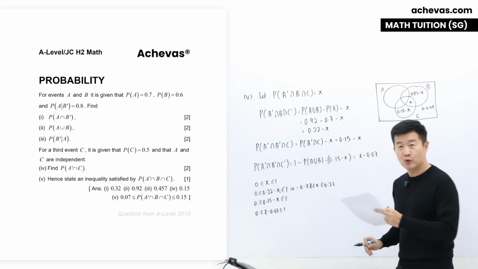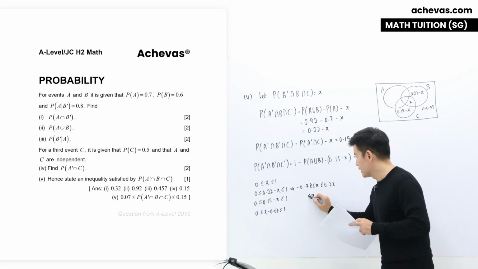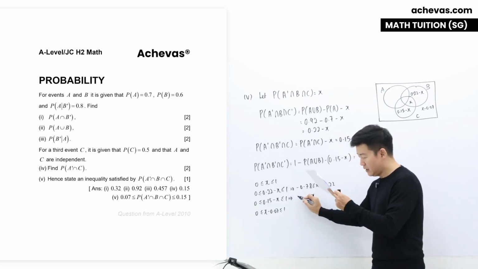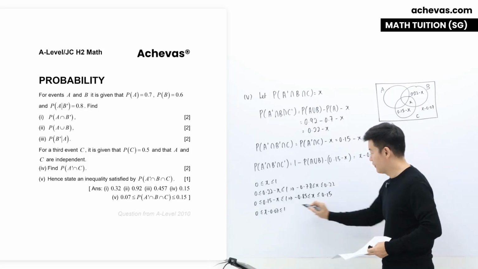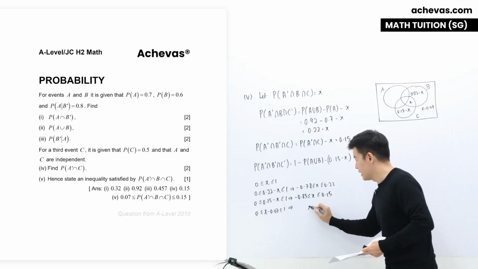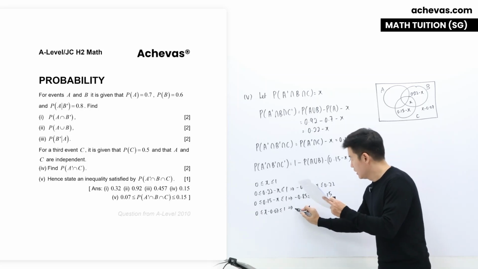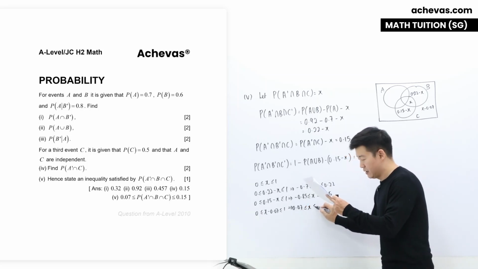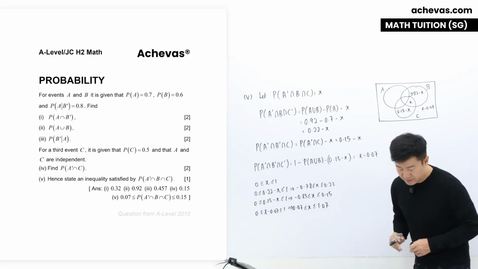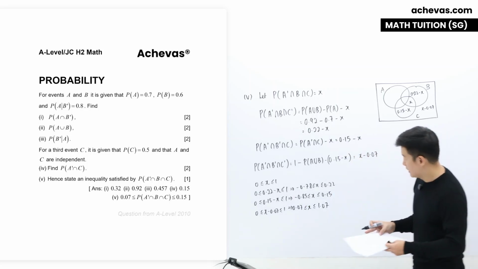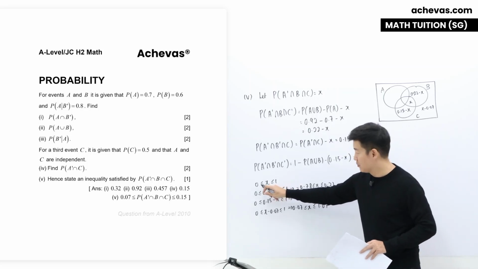For this, I'm also going to rewrite it, so X is going to be between negative 0.85 and 0.15. As for this, X is going to be between 0.07 and 1.07.